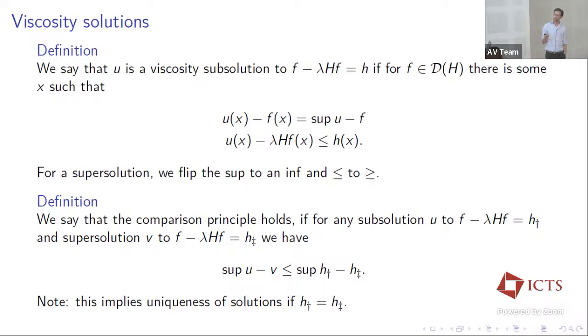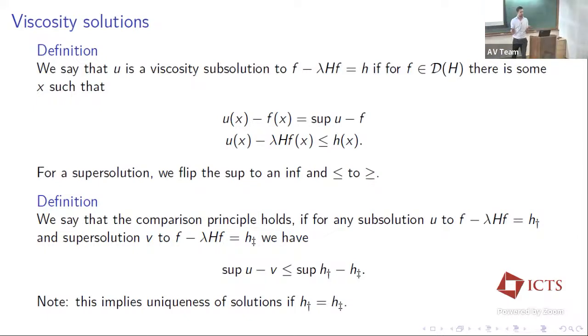I say that the comparison principle for the Hamilton-Jacobi equation holds if for any subsolution u to the equation with, I've replaced h now by h dagger, and for every supersolution v to this equation with h double dagger, I have that the difference between u and v is bounded by the maximal difference between h dagger and h double dagger. So it's a weird uniqueness concept. Let's take a closer look at it.